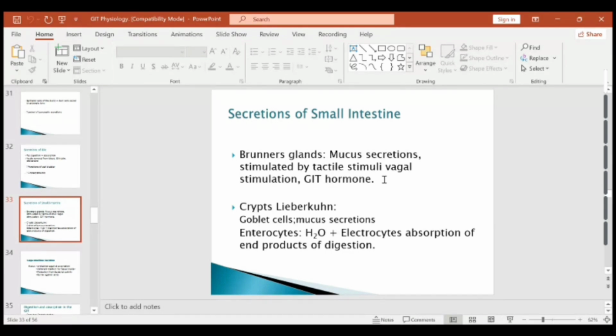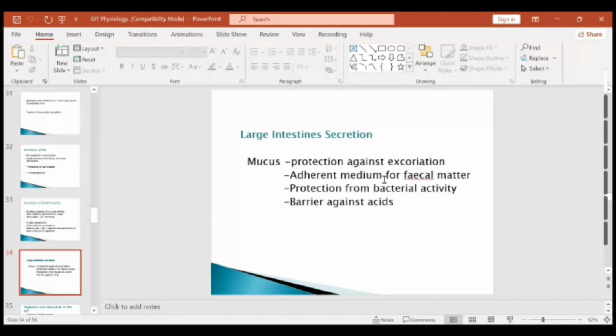At the small intestines, that is the ileum, all the way from the duodenum until the end part of the ileum, we have the Brunner glands. These are simply the mucus secretory glands. And we also have the crypts of Lieberkühn, and these are goblet cells also that secrete mucus together with a few electrolytes absorption. Finally, at the large intestines, so this is the colon, all the way from the ascending, transverse, and descending, and the sigmoid colon, we have an extensive secretion of mucus.